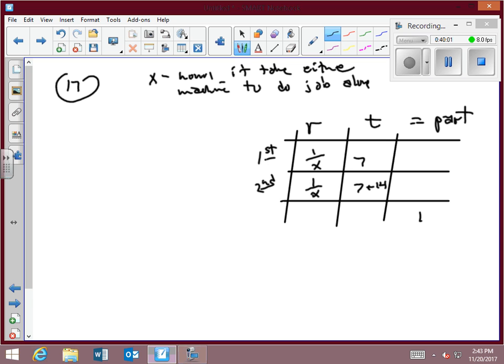Yeah, you get 1. So that second machine is going to work a total of 21 hours. So where's your equation? You multiply across the top, right? 7 over X, 21 over X, and you sum that, and there's your equation.